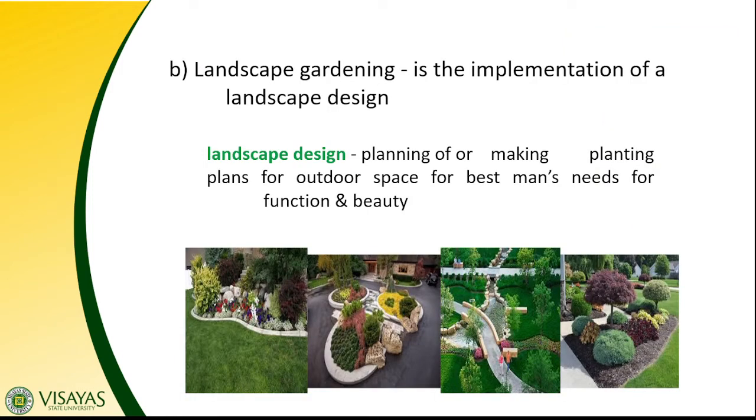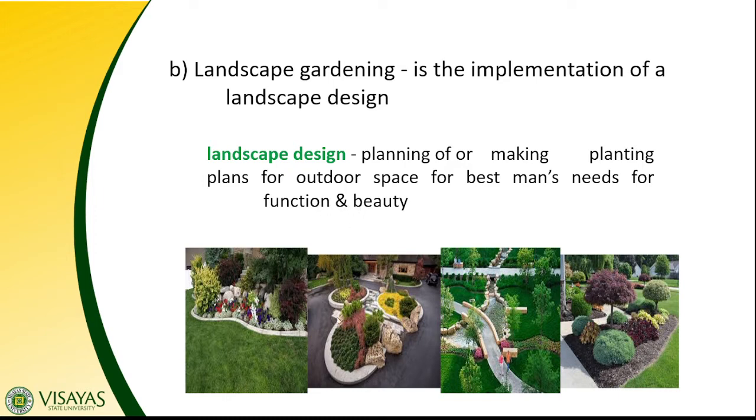The second category under ornamental horticulture is landscape gardening, which is the implementation of a landscape design. And what is a landscape design? This is the planning or making of planting plans for outdoor space, for the basic needs, for function and beauty.